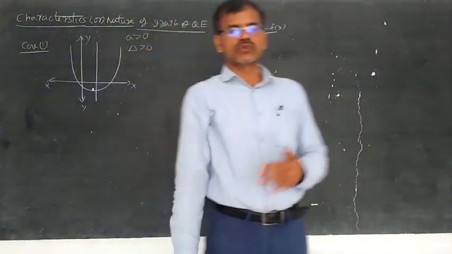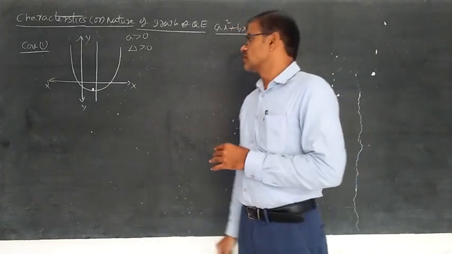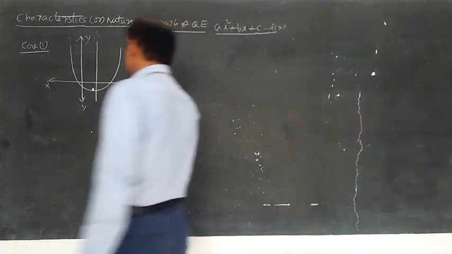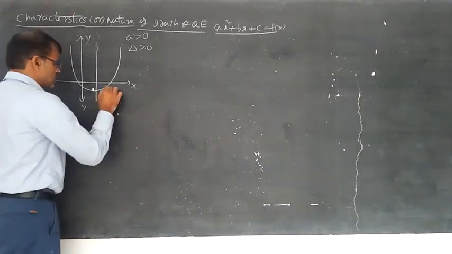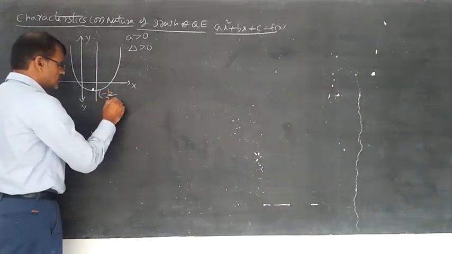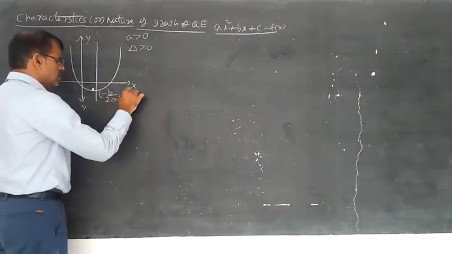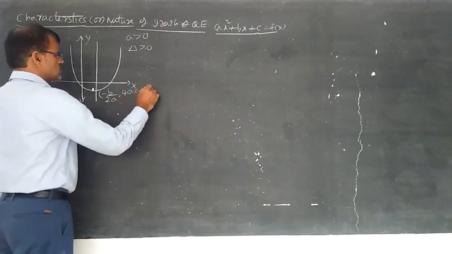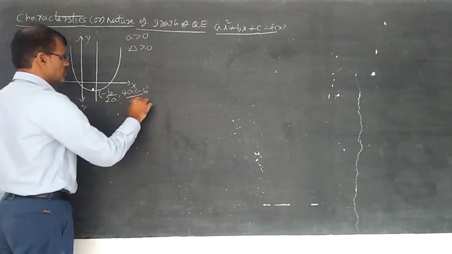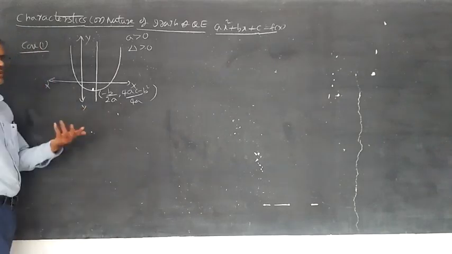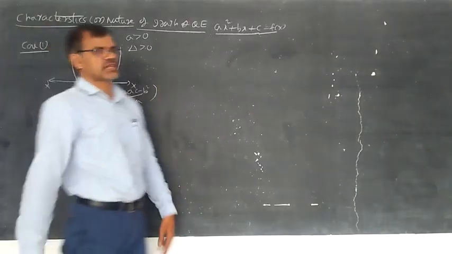Whenever a is greater than 0, the curve has a minimum value, at x equal to minus b by 2a, and the minimum value is 4ac minus b square by 4a. That is the minimum. There is no maximum of the curve.